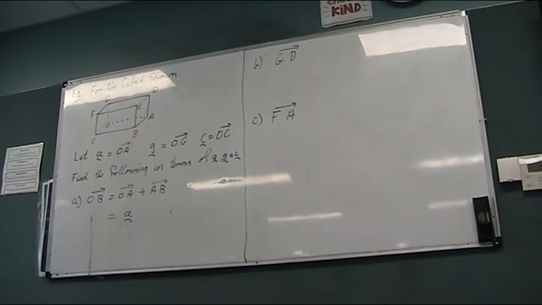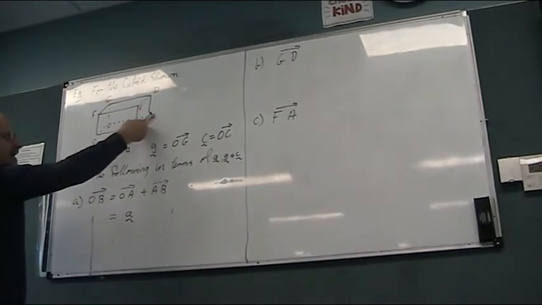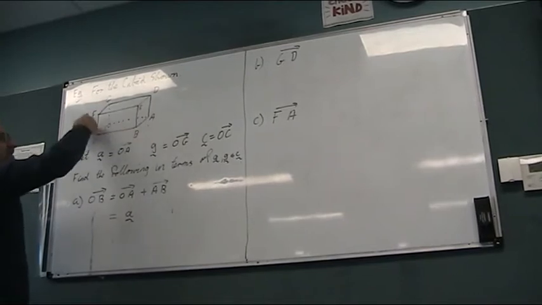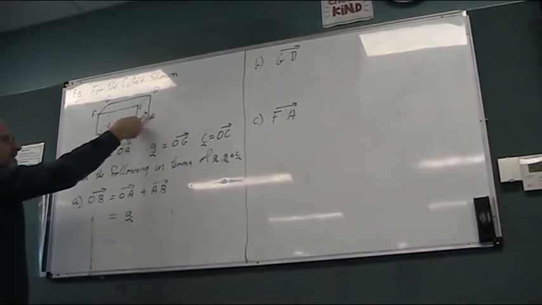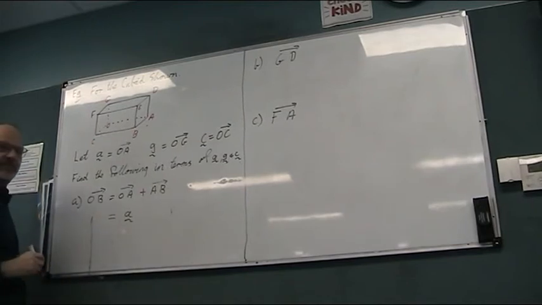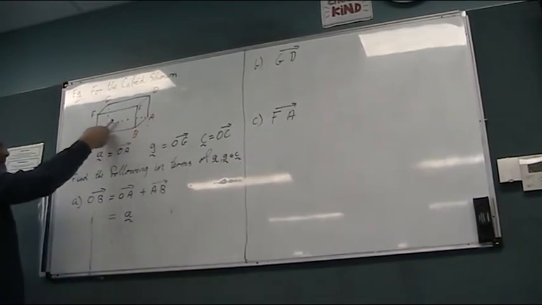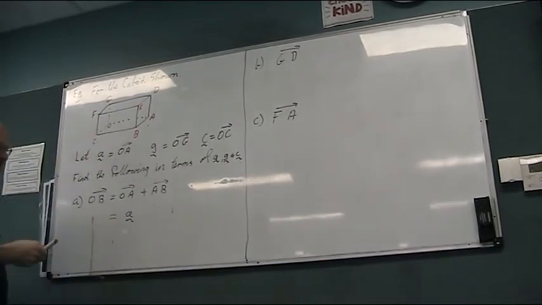Now we've got to think about A to B. So A to B is this edge here. Now because this is a cuboid, what can you tell me about this edge and this edge? They're parallel, aren't they? So A to B is pointing in the same direction as O to C.